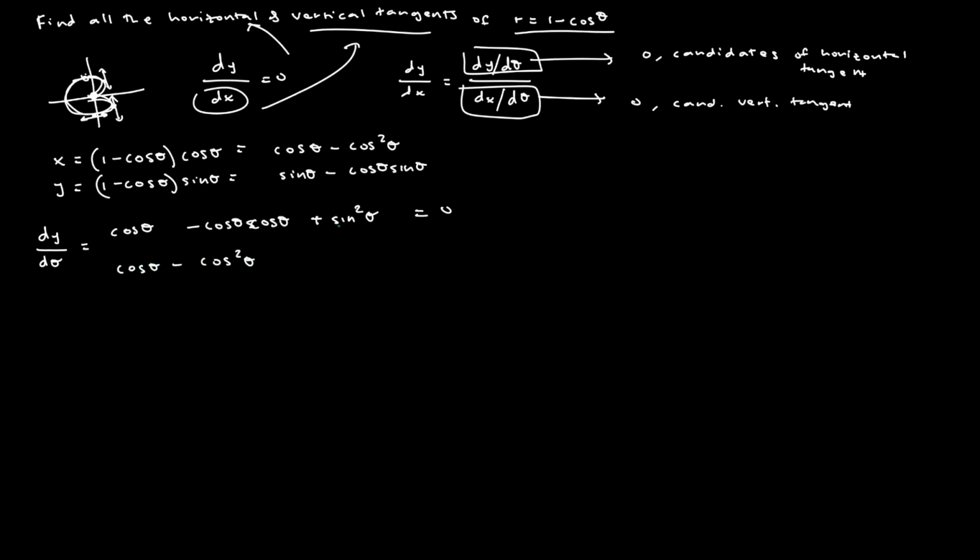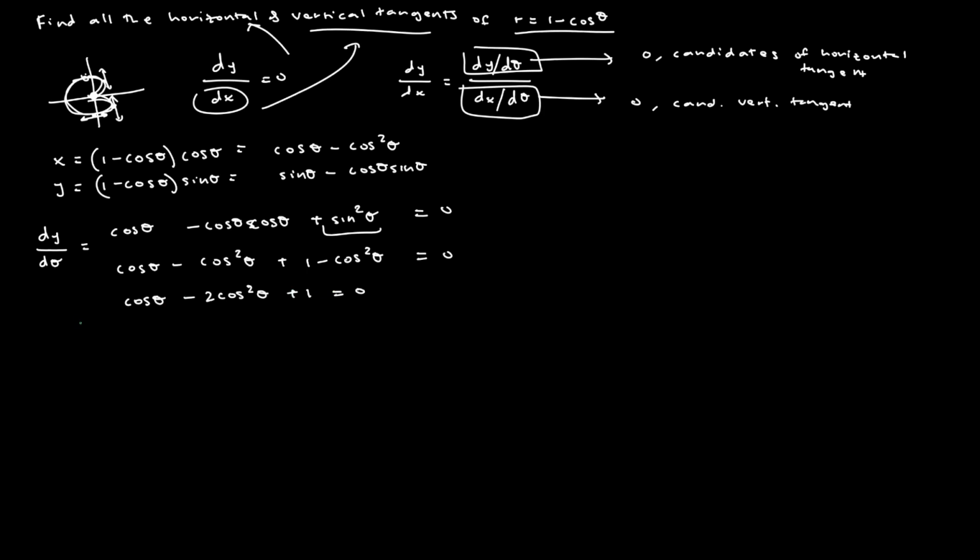One way to simplify this is to rewrite it in terms of cosine theta using the trigonometric identities. Sine squared theta is equal to 1 minus cosine squared theta. So I plug that in, set it equal to 0, and this simplifies to cosine theta minus 2 cosine squared theta plus 1 is equal to 0. And then this looks like a quadratic function.